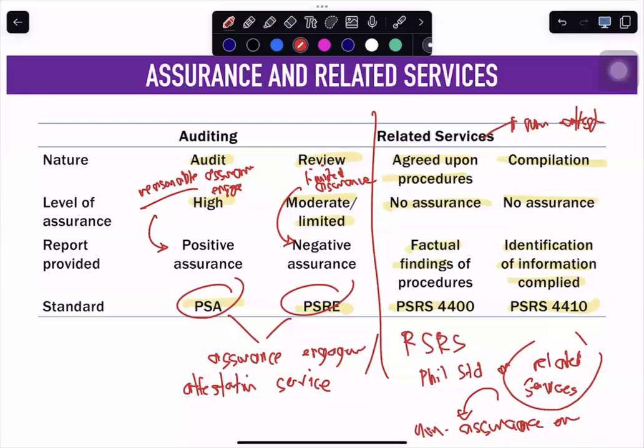Minsan nalilito siguro kayo na assurance services, ang tawag din natin doon ay attestation services. Non-attestation, yun naman yung ating non-assurance engagements. So, para hindi kayo malito, baka nakakakita kayo ng attest or non-attest, non-assurance, assurance, they actually mean the same. Assurance is attest, non-attest is non-assurance.